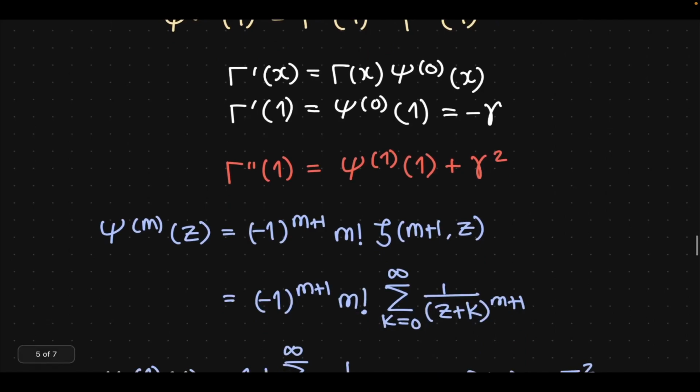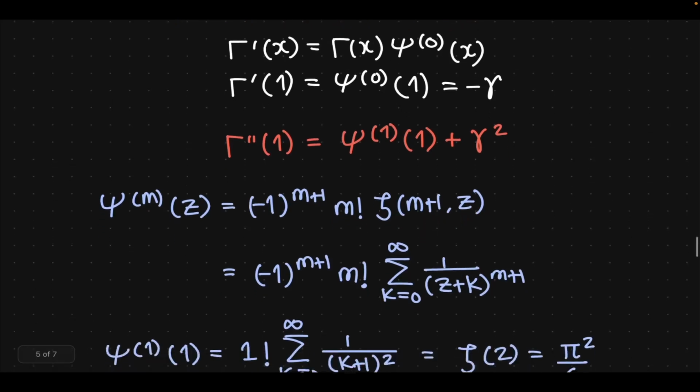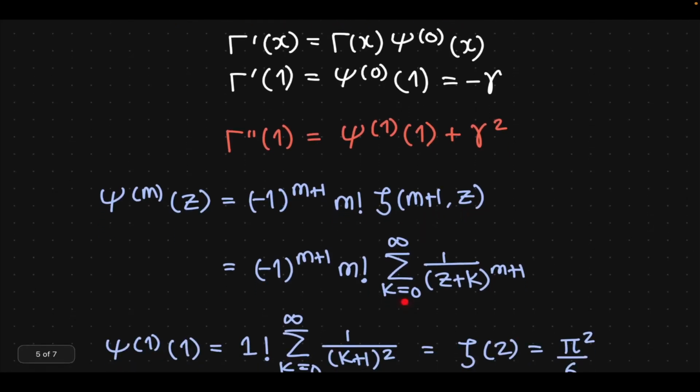Now we can find what the value of polygamma order 1 of 1 is. We know polygamma of order m of z is actually minus 1 to the m plus 1, m factorial, times the Hurwitz zeta of m plus 1 comma z. The Hurwitz zeta can be written as this infinite power series, k equals 0 to infinity, 1 over z plus k to the m plus 1 power.